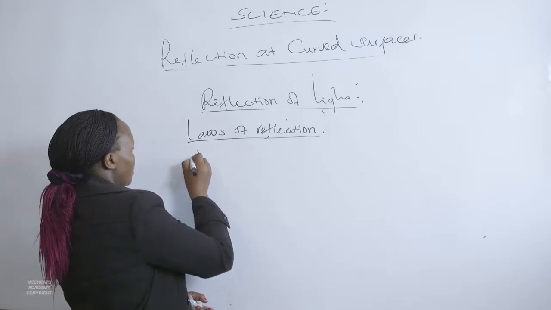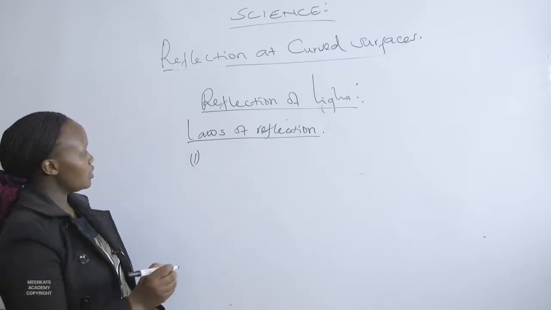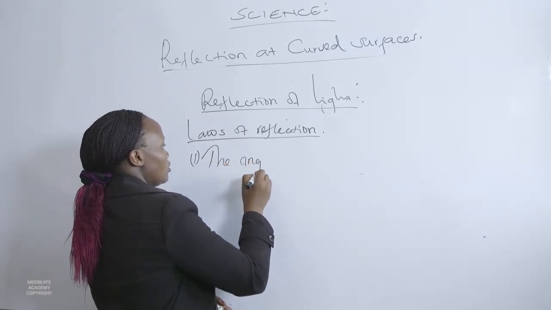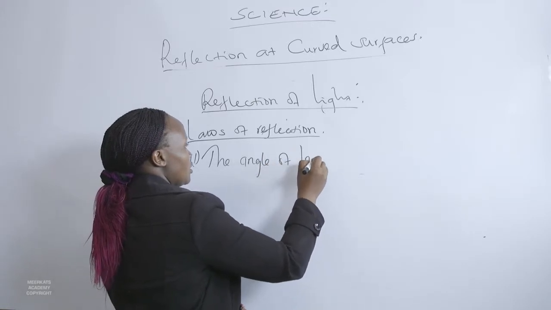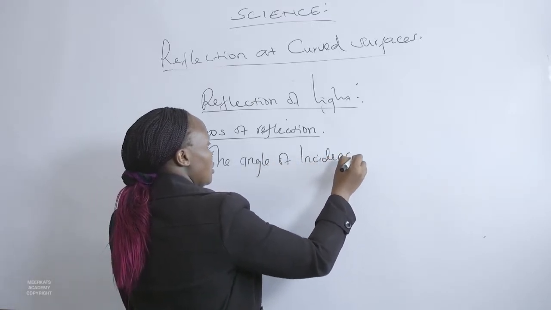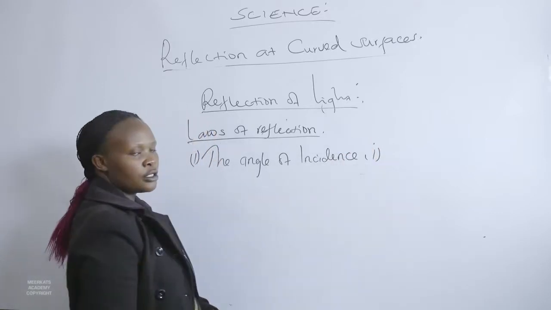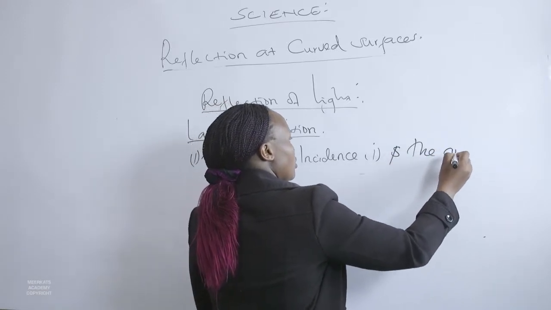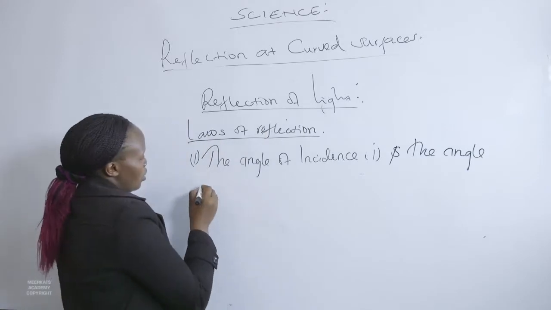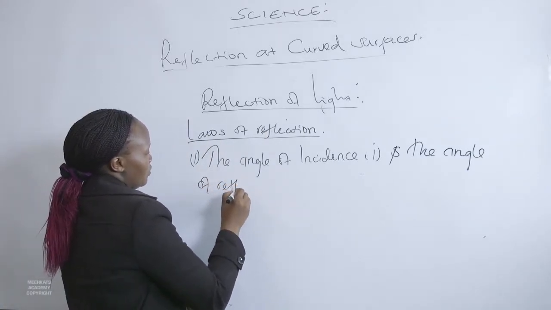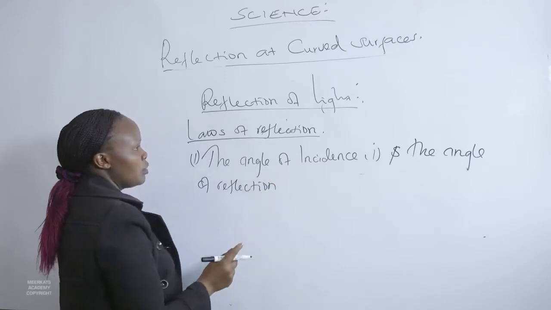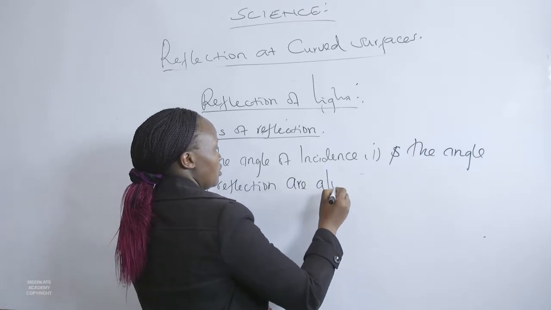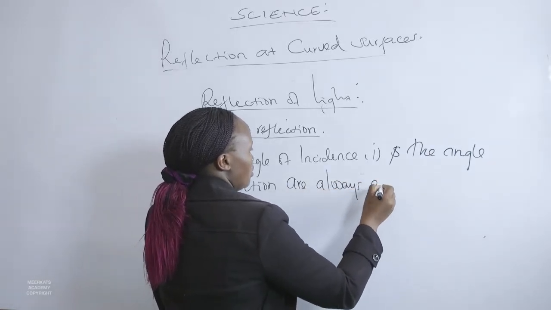Number one, law number one states that the angle of incidence, which we are calling small i, and the angle of reflection are always equal.